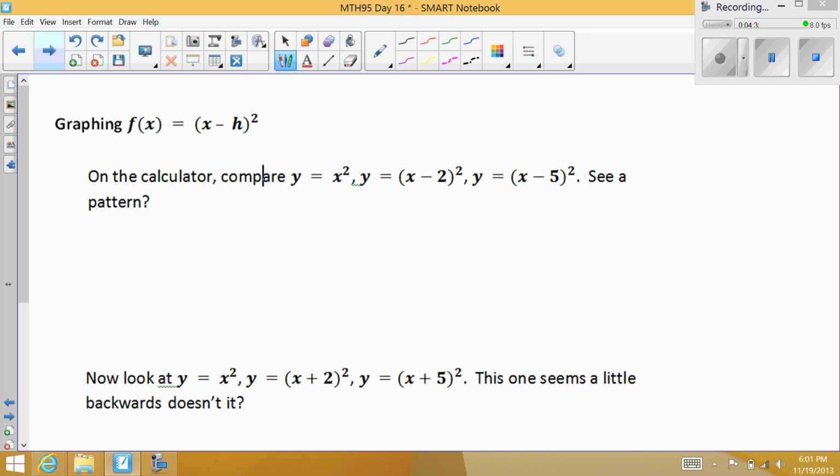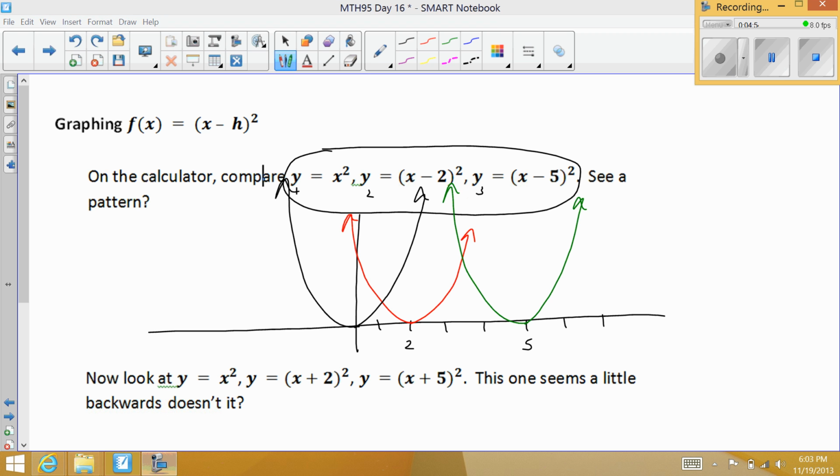So a little bit of a variation. This time we're going to go inside and modify the x value before it's squared. So go ahead, grab your calculator, put these three into your calculator, and graph all of them at the same time. So y1, y2, y3, hit the pause button. Okay, got those graphed?